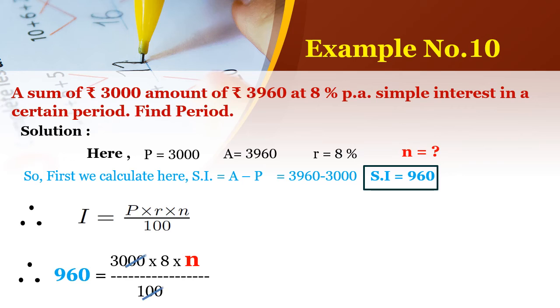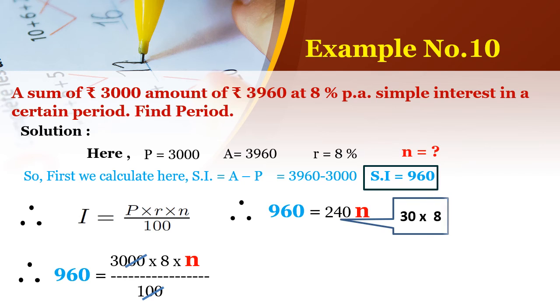So 960 is equal to 240 N, because we cut the 100, then 30 into 8 is 240, and N. So 240 N, and then we get 960 upon 240 is N, and N is equal to 4. Therefore, thus the period is 4 years.